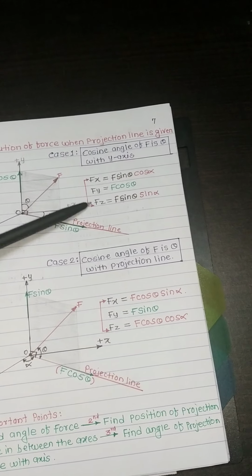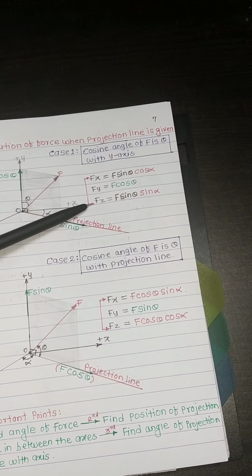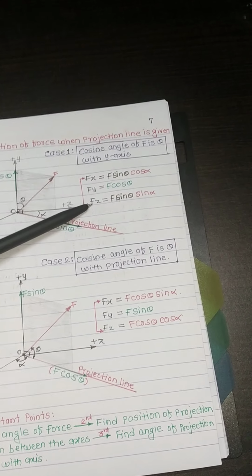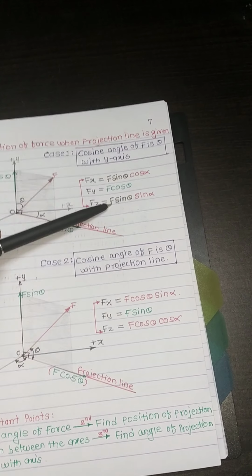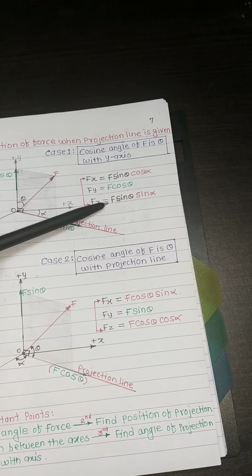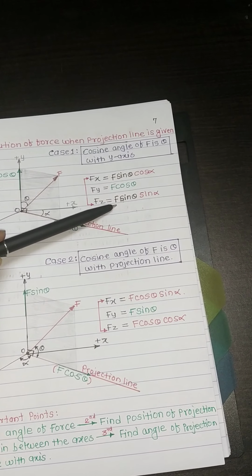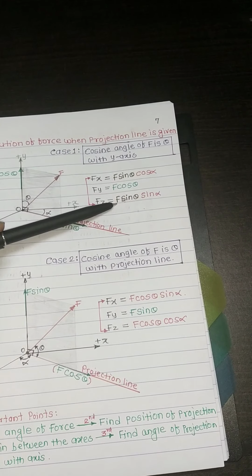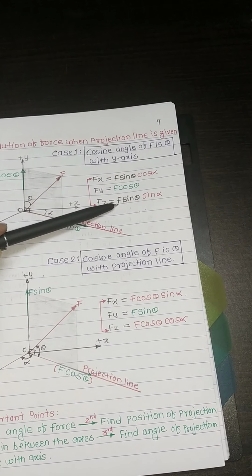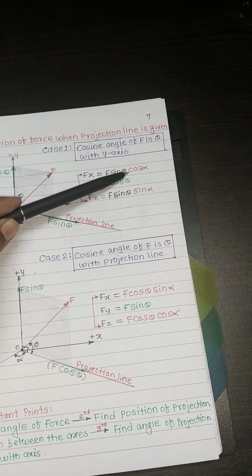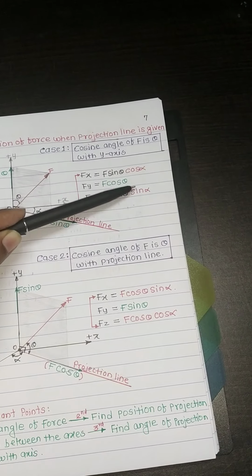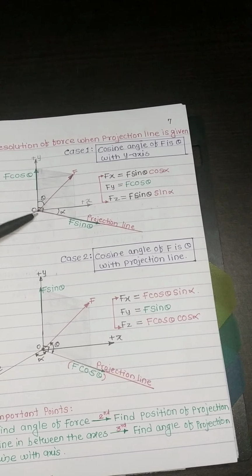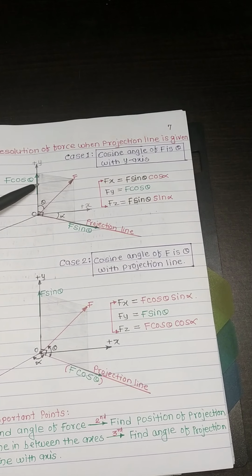The projection line is between the x and z directions, therefore I have defined this with an arrow, and I have said this is F sin theta magnitude along the x and z line. The projection line has an angle with the x-axis, therefore along the x-axis there will be cos alpha and along the z-axis there will be sin alpha. In this way we can resolve a force with an angle to the y-axis.